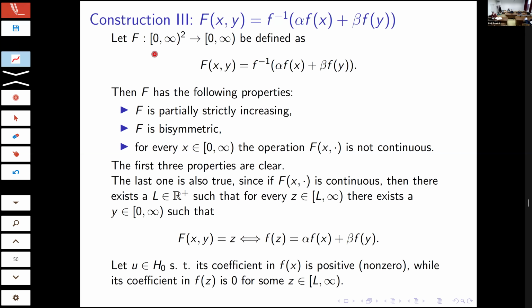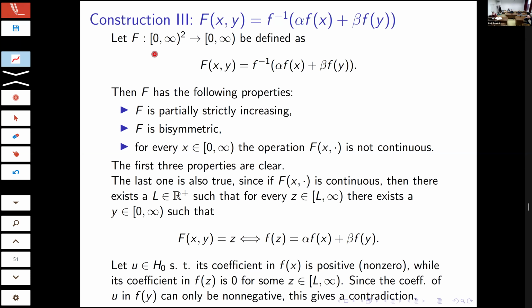So let u in H0, the original set where all elements are linearly independent, such that the coefficient of f(x) is positive, non-zero, while the coefficient of f(z) is 0. If we can find such an element, which is possible because we have many z's, then we are in a contradiction, because we have non-negative coefficients on this.